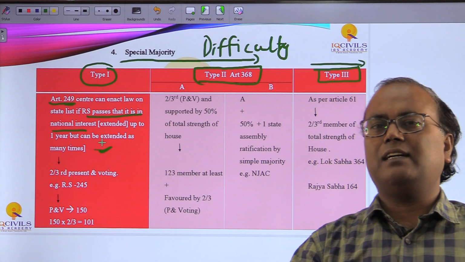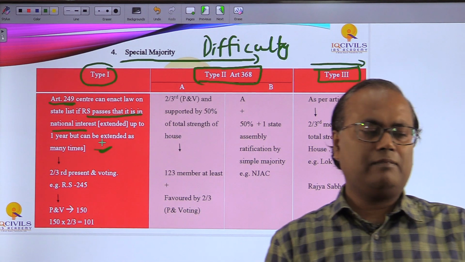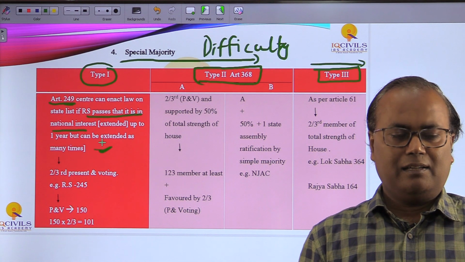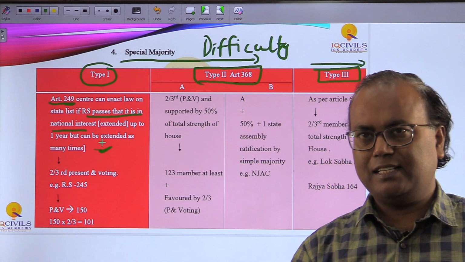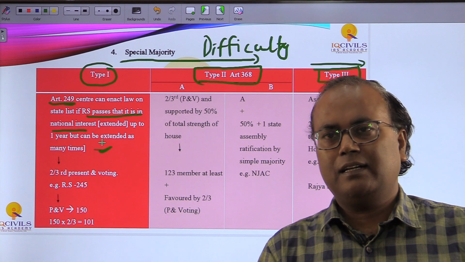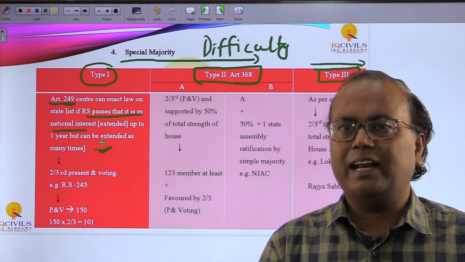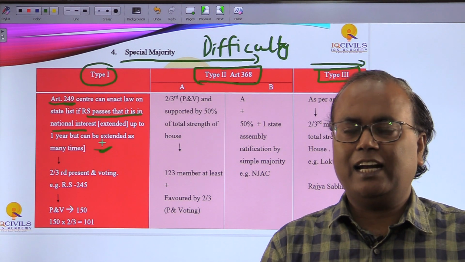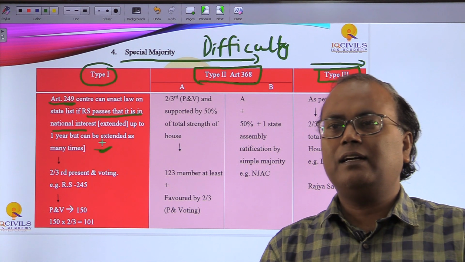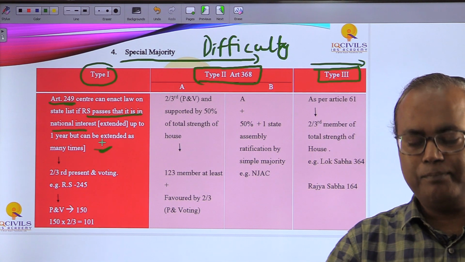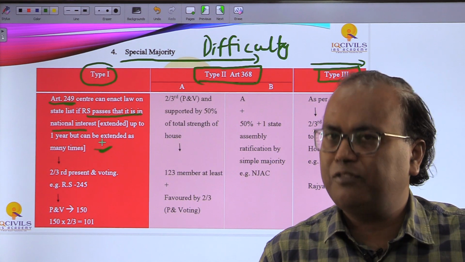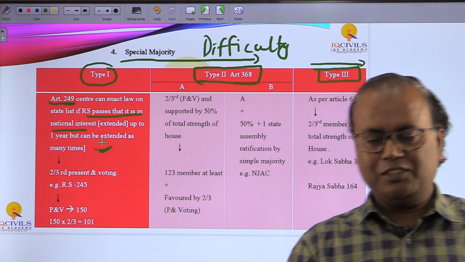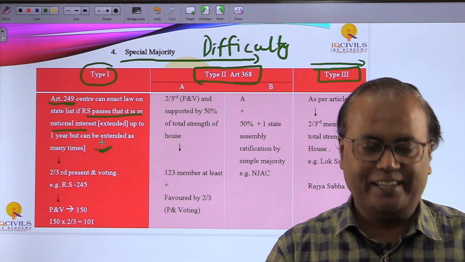But if there is a clash between the law passed by Parliament and the law passed by the state legislature, the law passed by the Parliament prevails, and up to the extent of inconsistency with the Parliament's law, the state law is going to be null and void. That is the whole scenario here.